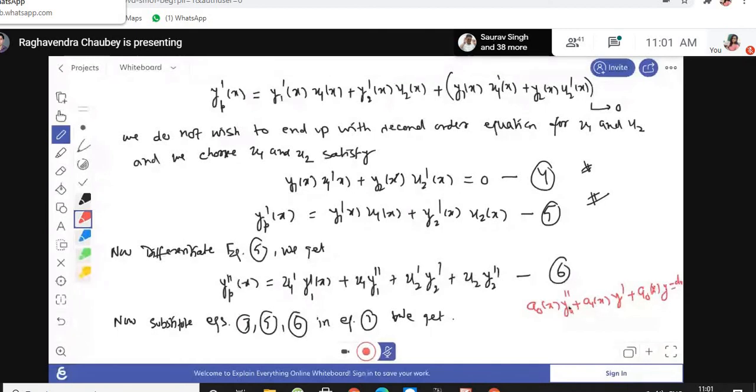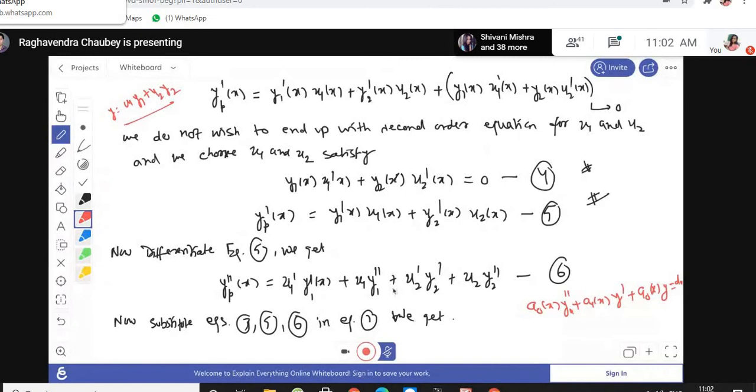Here you get y''. So we multiply a0 by this term, plus we multiply a1 by this term, plus a2 times y, and what is y here? y is basically u1 y1 plus u2 y2. This is your y.